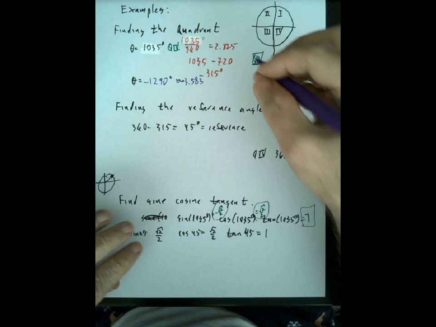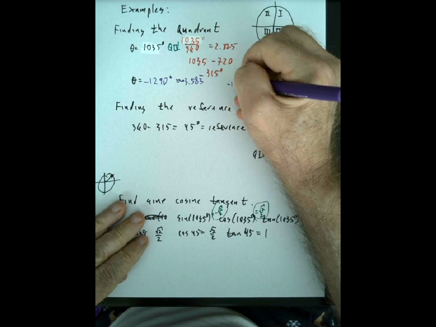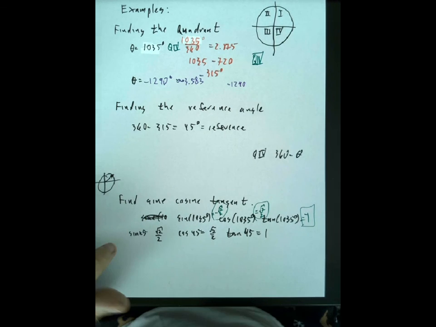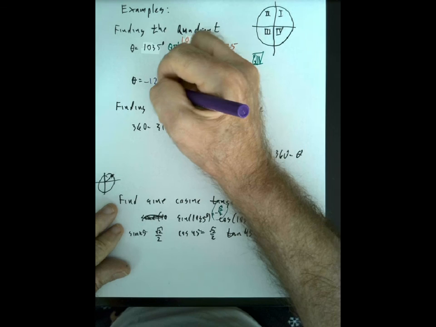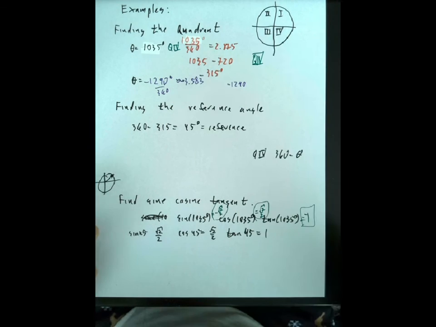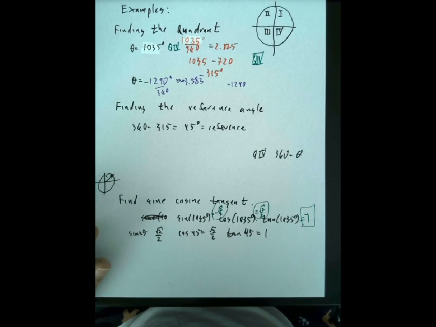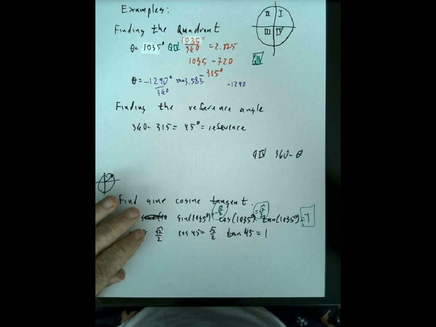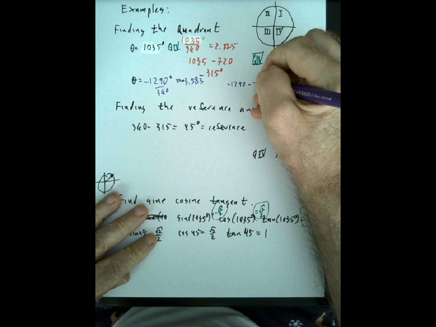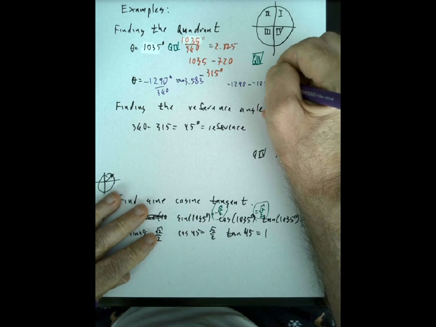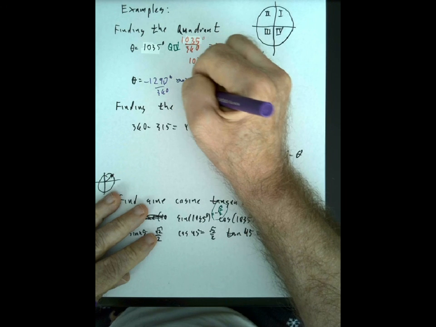So we do negative 1290. Now 3 times 360, we just divided by 360, by the way. That's 1080. So we're going to subtract, because we're winding it backwards here, negative 1080, because that's 3 times negative 360.